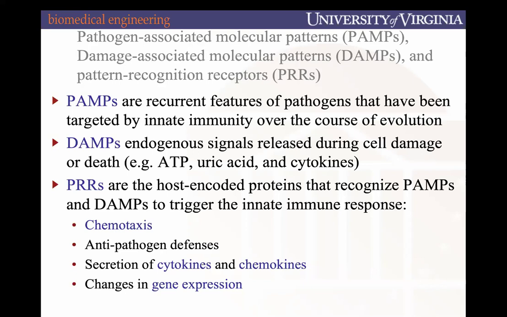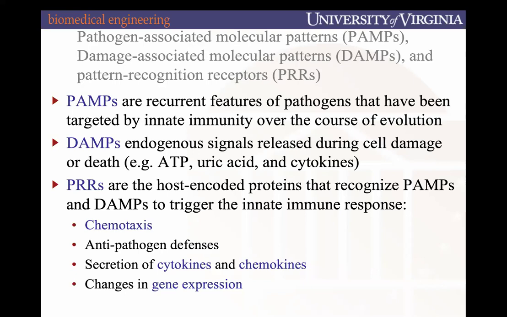These pattern recognition receptors can also help promote antipathogen defenses. They can promote the release of cytokines and chemokines. Cytokines are cell signaling proteins that oftentimes trigger some sort of response by immune cells. We historically thought that cytokines were only released by immune cells, but over time we've found that other cell populations release cytokines and can communicate with immune cells using them.